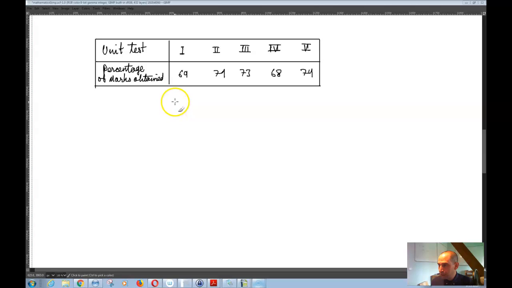So now based on this data, you want to find the probability that the student gets more than 70% marks in a unit test.